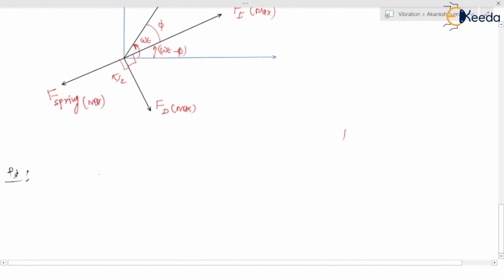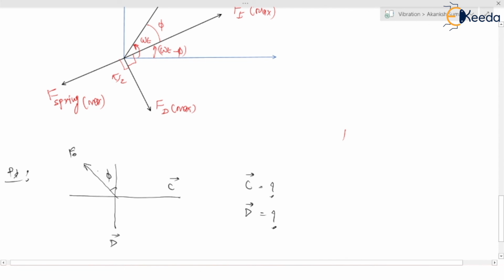Tell me, if this is a graph like that, and this is going to be denoted as F naught, this is phi, and this is the d vector, and this is the c vector. So now tell me, what is the force that is represented by the c vector and that is represented by the d vector? Tell me, if this is F naught.